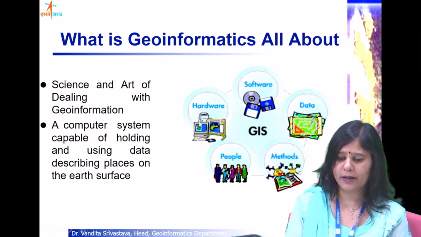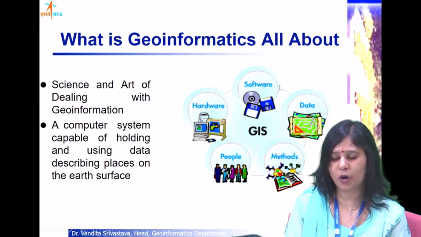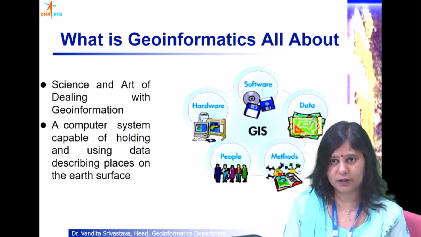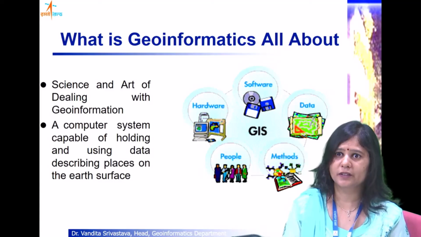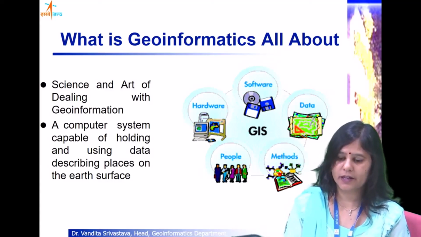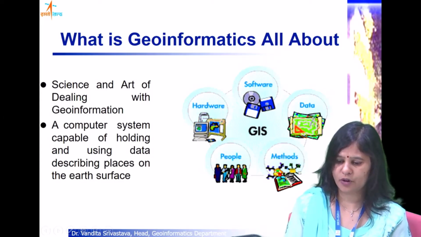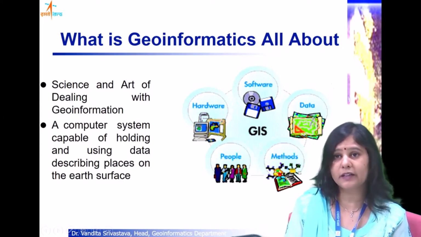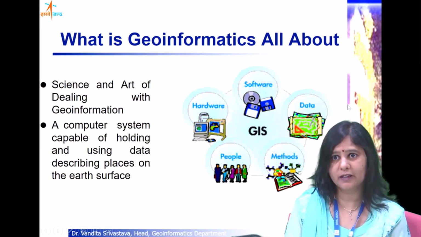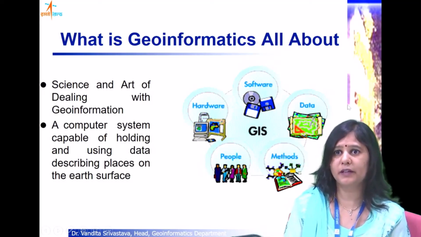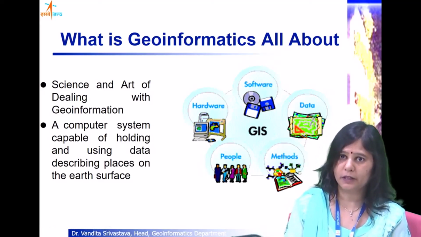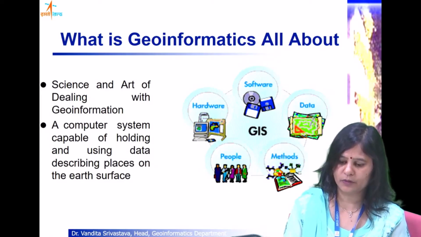We also require some software other than the operating system, an application software. That's where the GIS resides, a GIS software. And then we have the data, that is the geographic data, represented accurately and properly in the GIS format in the particular software in which we are working.